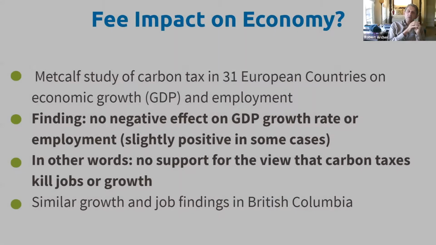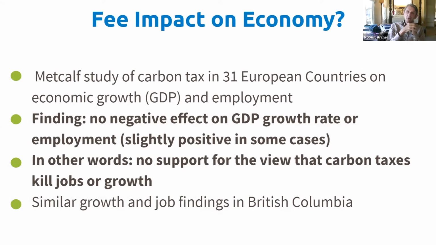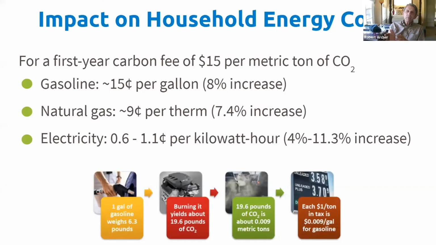Let me stop here for about 30 seconds and ask you a question. And please type your responses in the chat. We know costs will increase for fossil fuels and for the products made from fossil fuels.